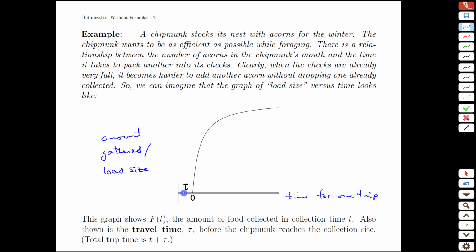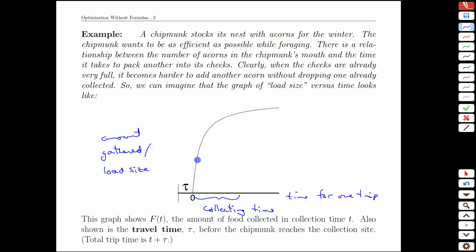Now, there is one extra ingredient here, which is this tau. That's a frequently used symbol in biocalculus, which represents the travel time and includes the travel there and back, so the total travel time there and back. Then once the chipmunk has arrived and harvests, this is really the harvest time, or the collecting time, we see this growth.